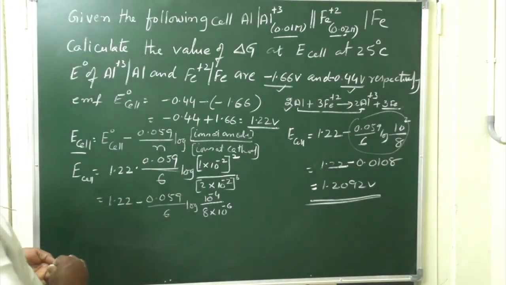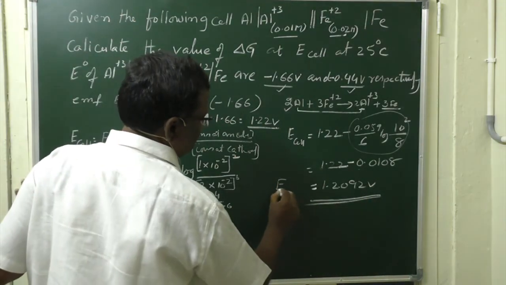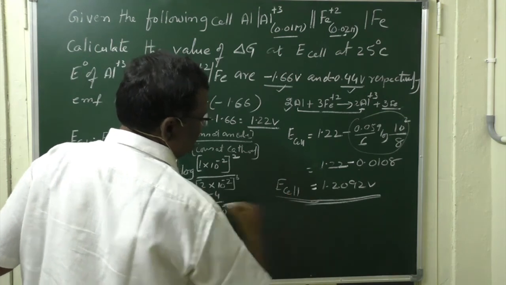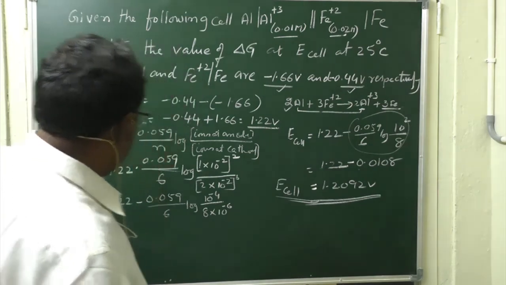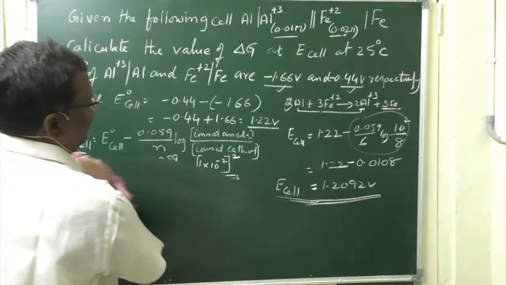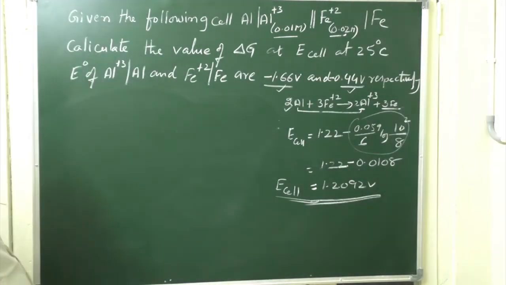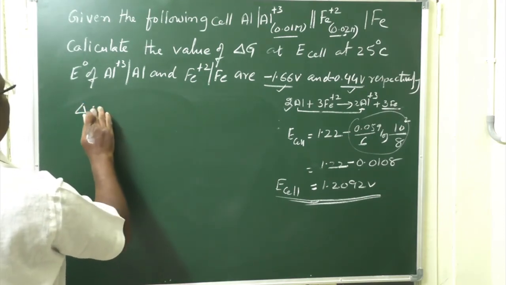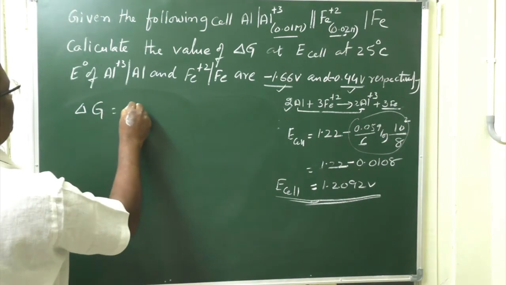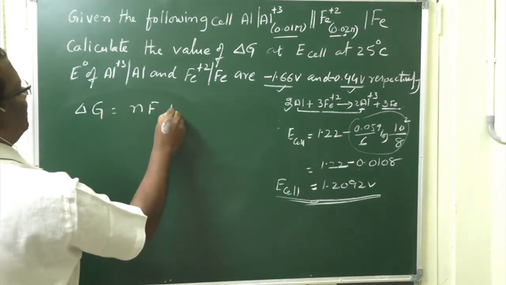Here we find out the E cell. Now the second part of this problem is to find out delta G. So delta G, the free energy change, is equal to nF E cell.